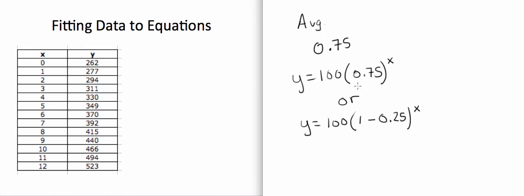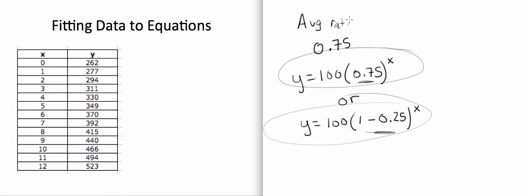Why these are equal even though they look different: 1 minus 0.25 gives us 0.75. You can write them either way and still get credit as long as they equal what they need to be for the average ratio. So that's just a little heads up there.